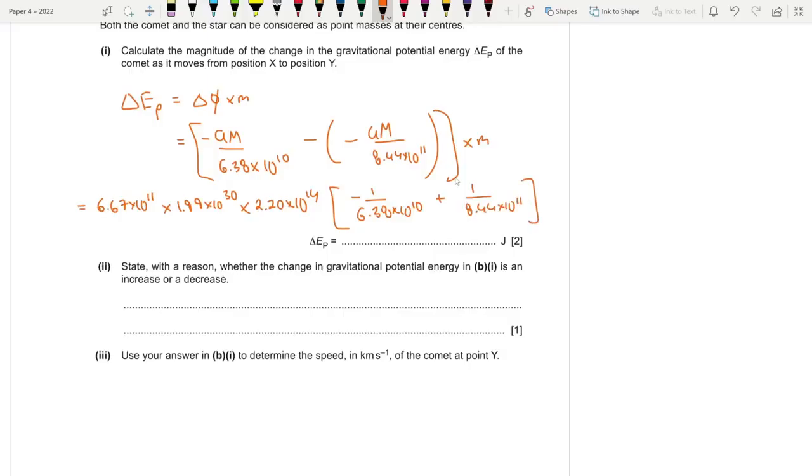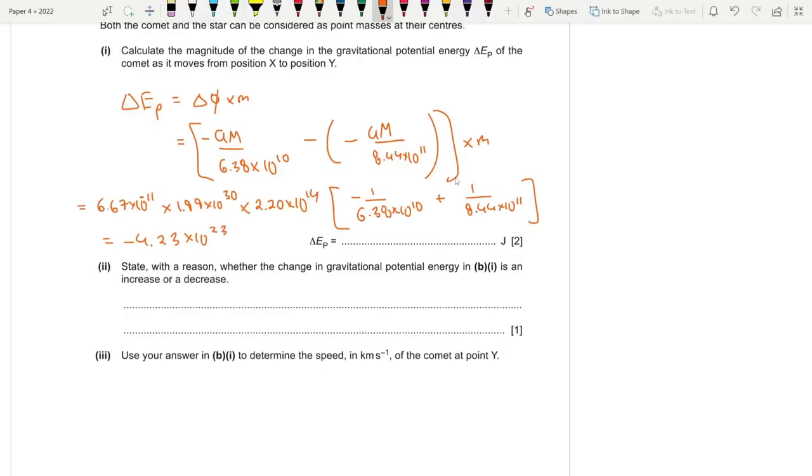Okay, so let's do that. Oh, sorry, I made a mistake. It's 6.67 × 10^-11, right? So this gives us an answer of minus 4.23 × 10^23.